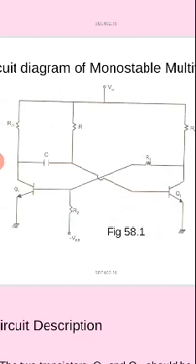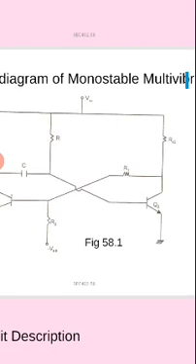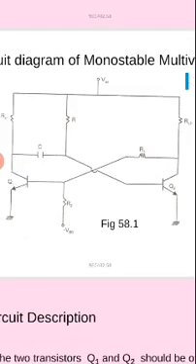And resistors RC1, RC2 and R are provided for biasing. And minus VBB is given to the resistor R2.